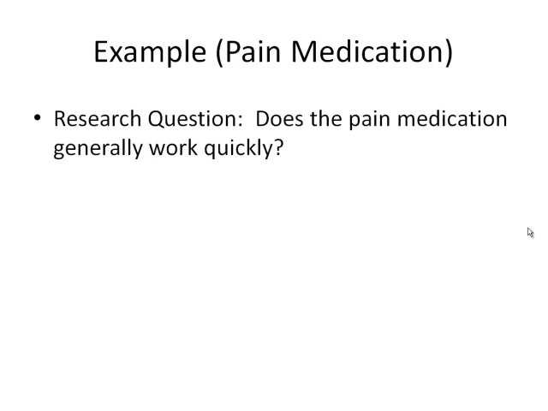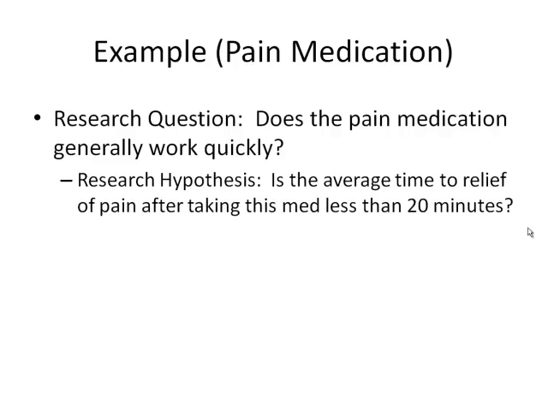So our research question, generally, is: does the pain medication work quickly? Now, the word quickly is not very specific, so we need to turn this into a research hypothesis. Is the average time to relief after taking that medication less than 20 minutes? Right, so that's how we're going to define quickly, if the average time is less than 20 minutes.